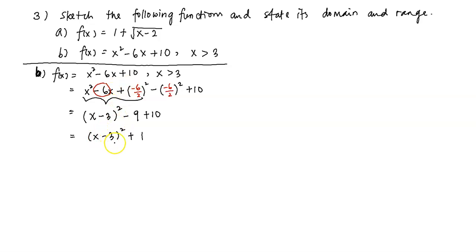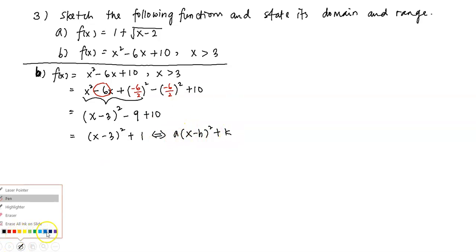So from this completing square process, you can see that this is a very useful form, which you compare to this form, x minus h squared plus k. If your quadratic equation has successfully changed into this form, you can very easily determine its minimum point or maximum point. So consider the a.